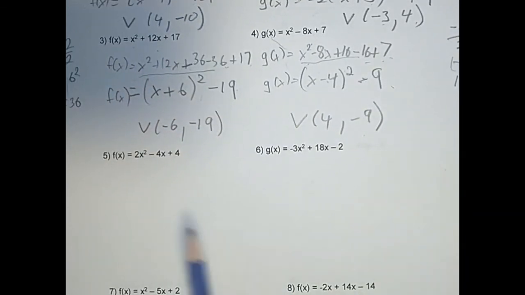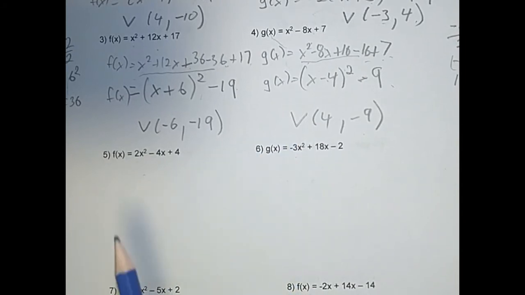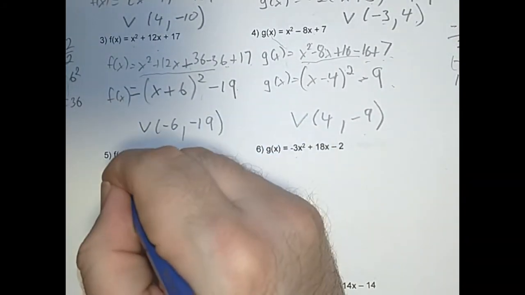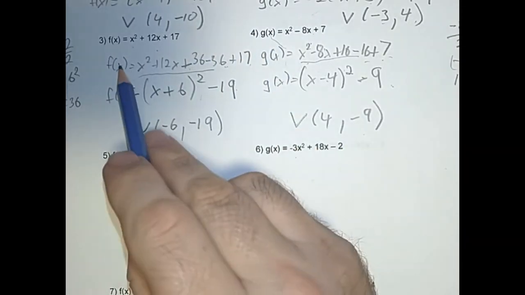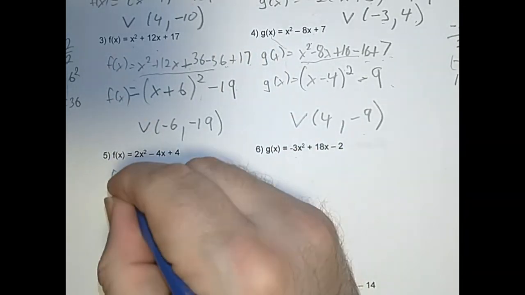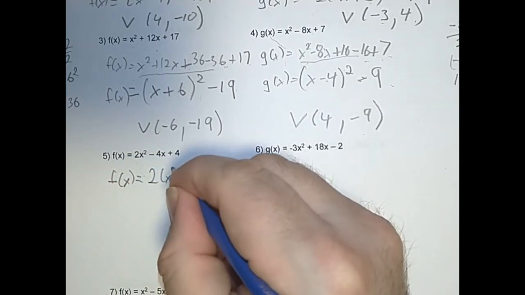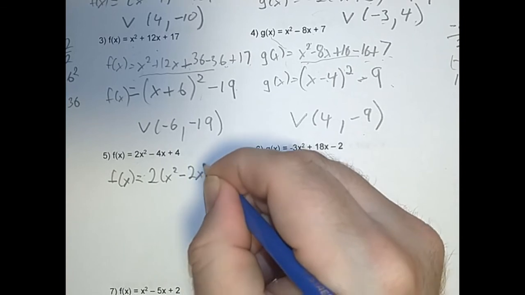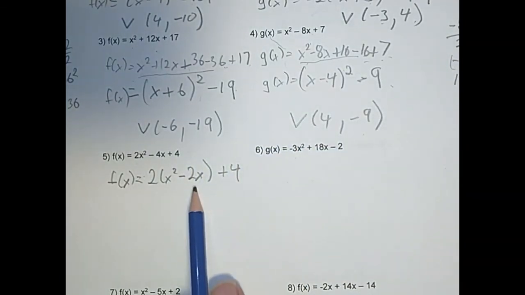Now in this case, there's a number in front of the x squared here. So we're going to take the number out first. This only works if there's no number in front of the x squared, so we got to take that number out. So f of x is 2x squared minus 2x plus 4. Now we only take it out of the first 2, not the last one. So we divide both these by 2.